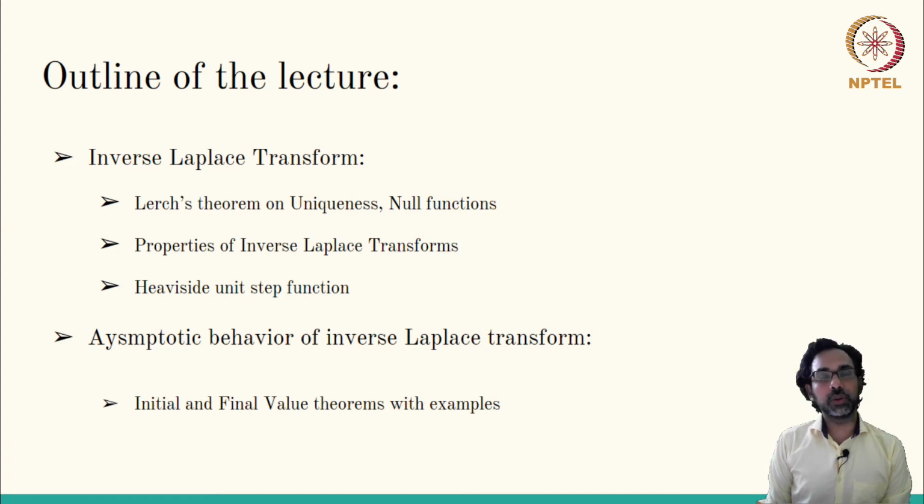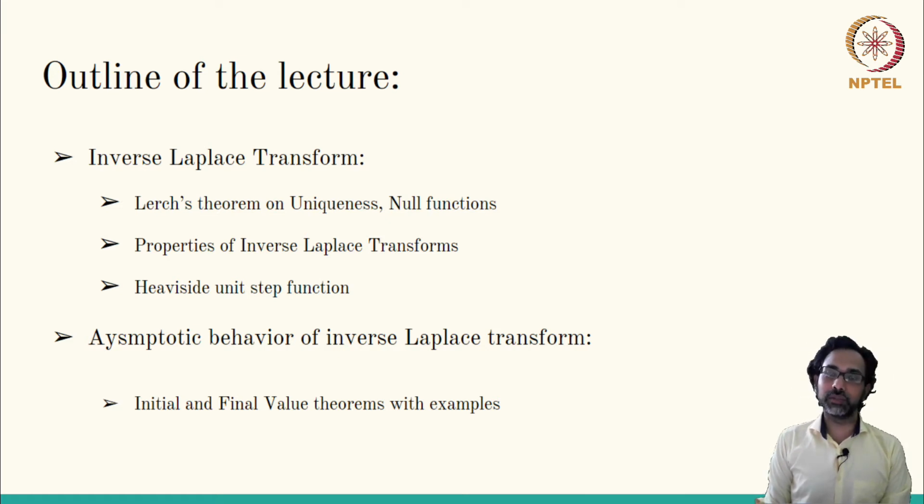The initial value theorem and the final value theorem then try to relate the final value, which means the limit of the input function as t tends to infinity, with the behavior of the Laplace transform of the function multiplied by s near s equal to 0.